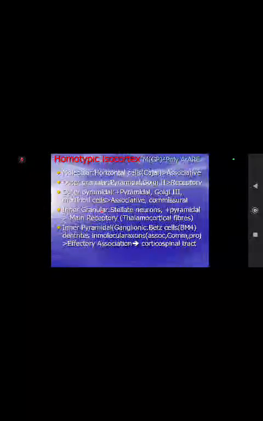And then the inner pyramidal layer, also called the ganglionic layer. The inner pyramidal layer consists, in some areas, of very large pyramidal cells. Those large pyramidal cells we refer to as Betz cells.